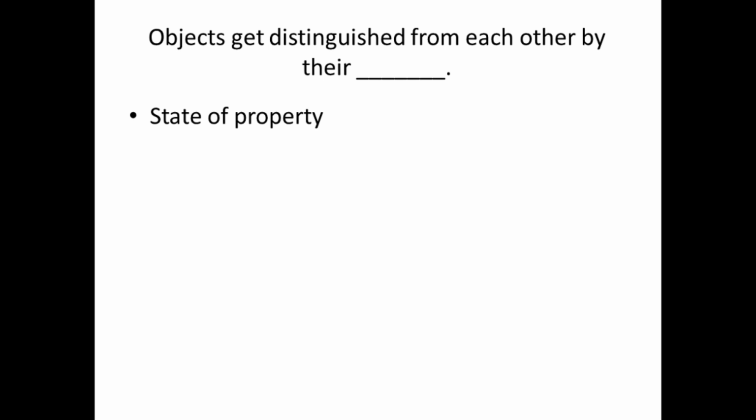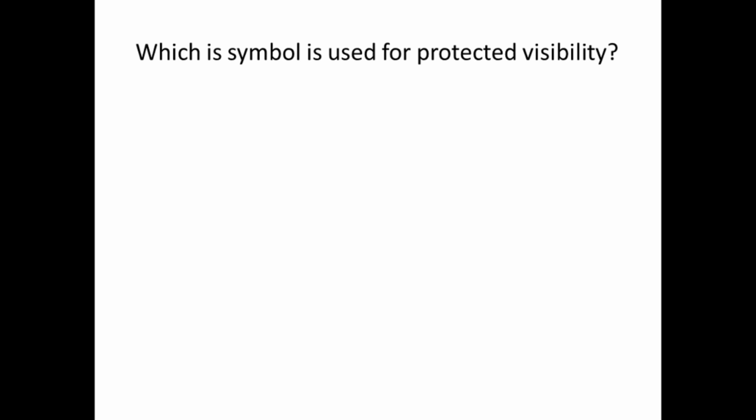State of property. Another name of child class. This is regarding inheritance. So you can say subclass or derived class also. Which symbol is used for protected visibility? So for protected visibility, the character is hash sign.